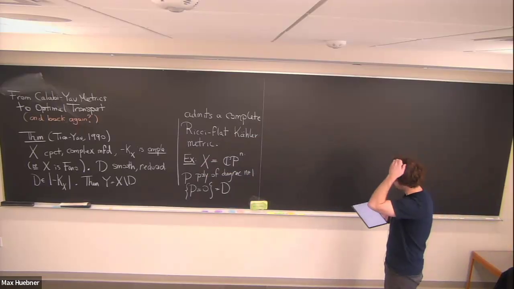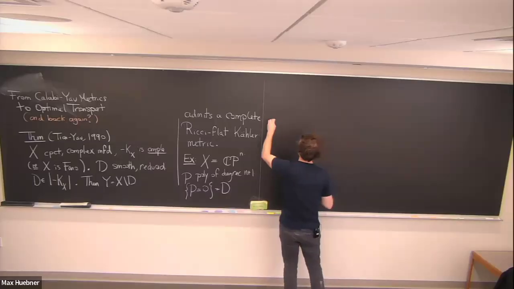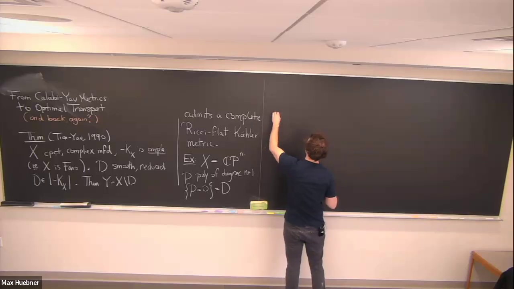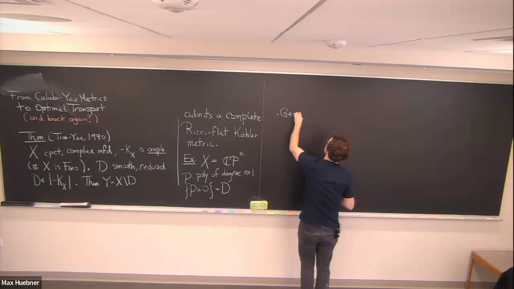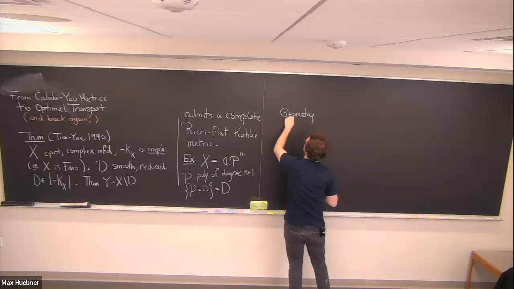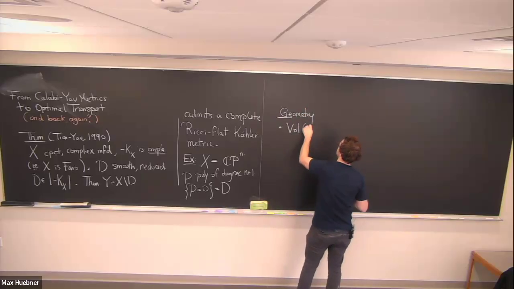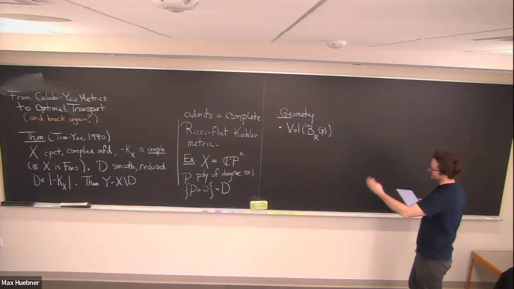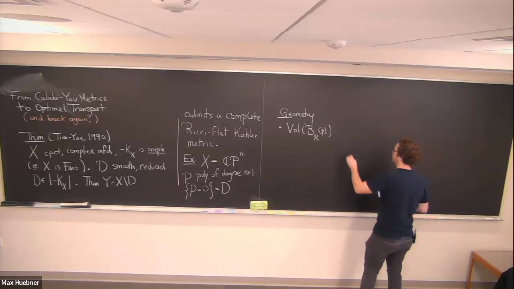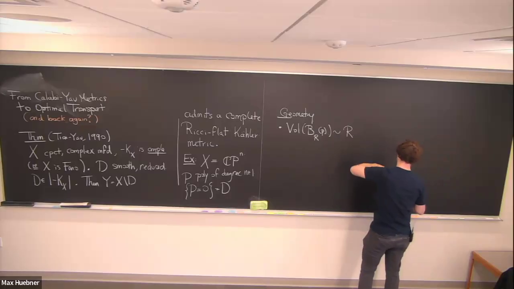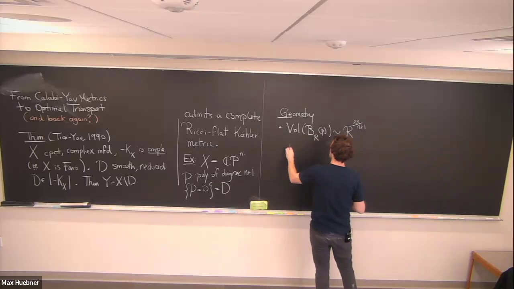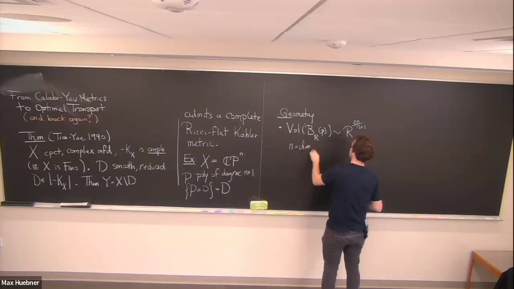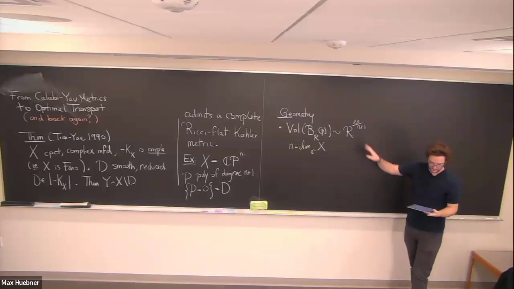These metrics are also very interesting geometrically. Let me say in passing, because it's a bit surprising, if you look at the volume growth, the geometric properties, if you fix some base point p and look at the volume of the geodesic ball of radius r as r goes to infinity, this behaves like r to the 2n over n plus 1, where n is the complex dimension of X. So you see it has this very bizarre volume growth.